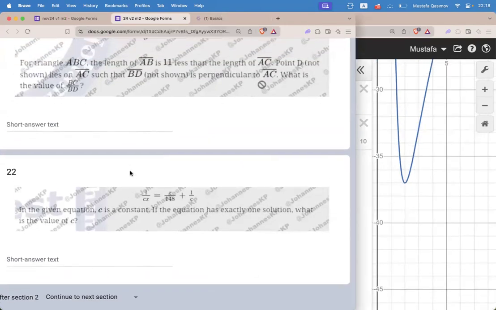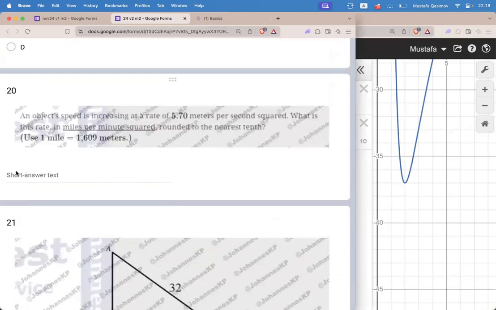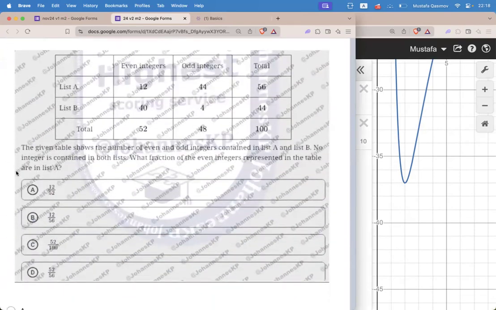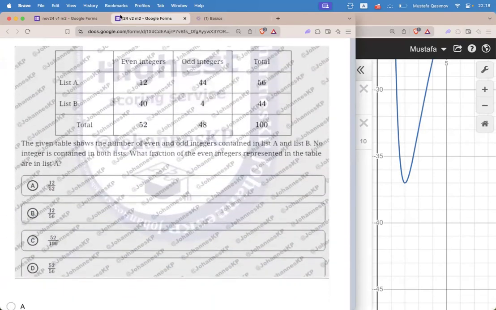Okay, any question from 22? No. Okay, 11. This one. Yes, if the question said this, we would take the answer as 12 over 100.